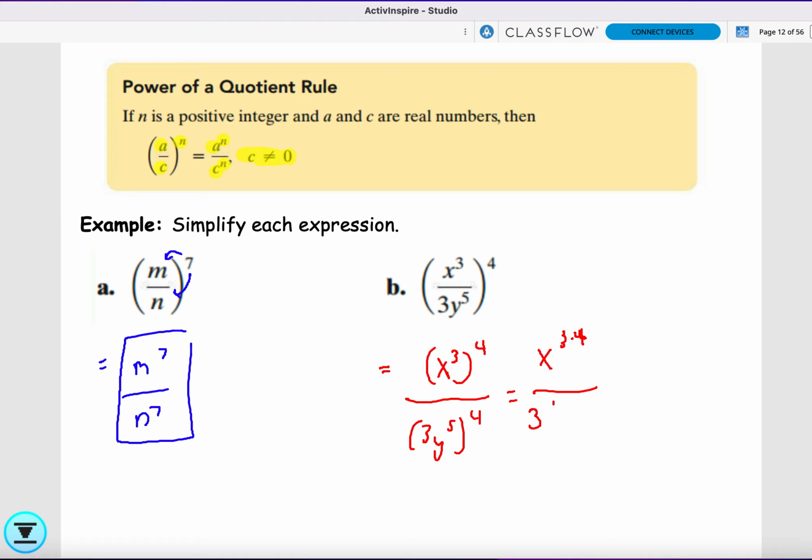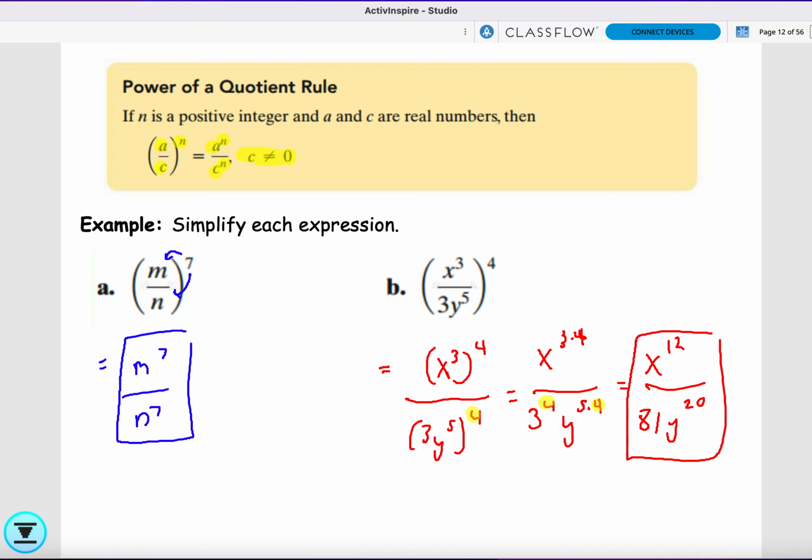So the 3 gets the 4, and then the y and the 5 gets the 4 as well. So we're multiplying it here and here. We're not multiplying, but we're applying the power rule. So 3 times 4 for the top is 12, x to the 12 over 3 to the 4th, guys, is 81. y to the 5 times 4 is y to the 20.